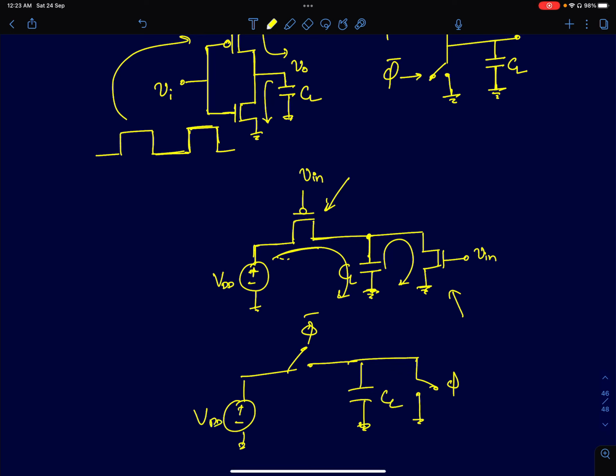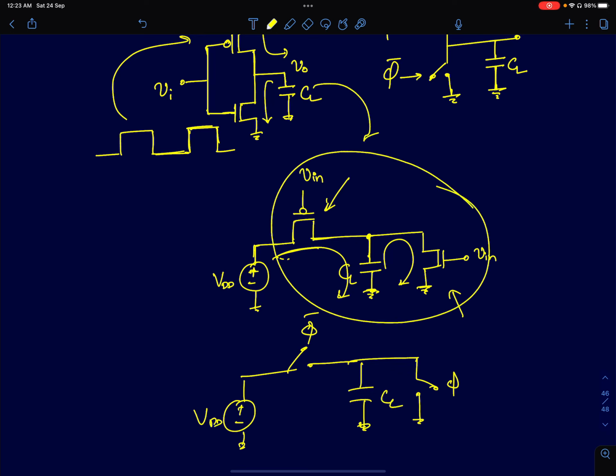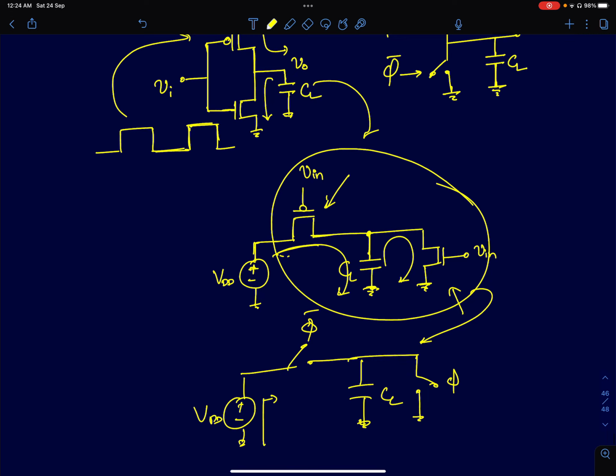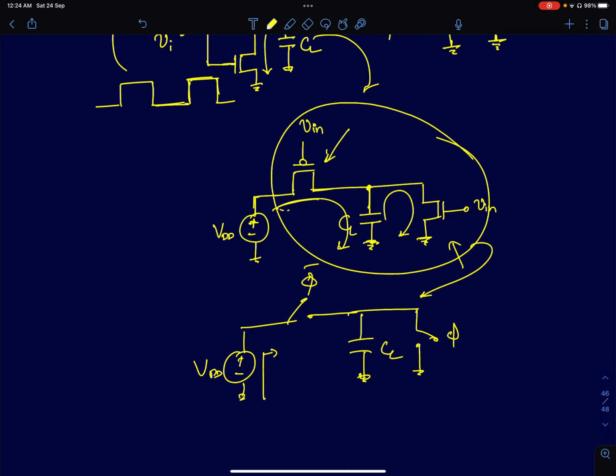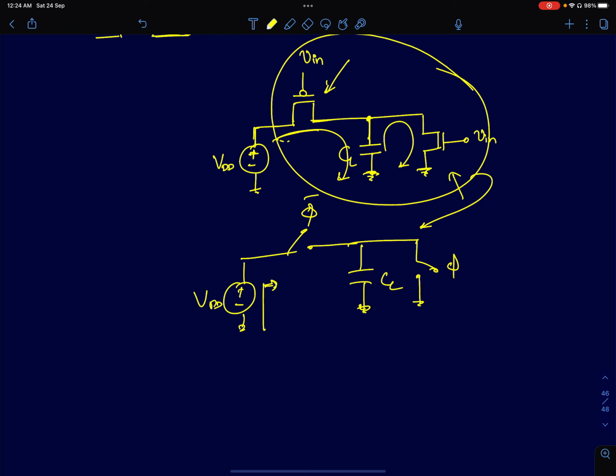I've just redrawn the CMOS inverter differently here, and that simply reduces to a switched capacitor circuit. So as far as the supply is concerned, the CMOS inverter with a load capacitor is going to look like a switched capacitor circuit, and therefore it's going to offer a resistive load, and that equivalent resistive load is given by 1 by CL into F clock.